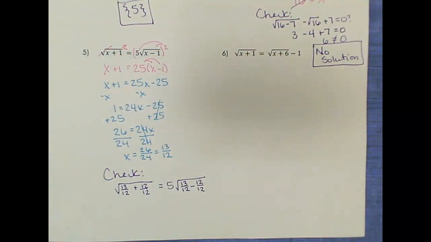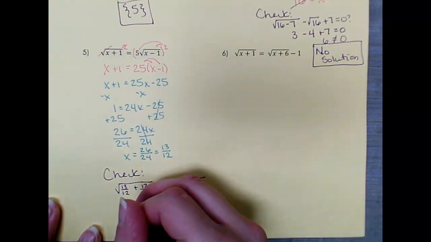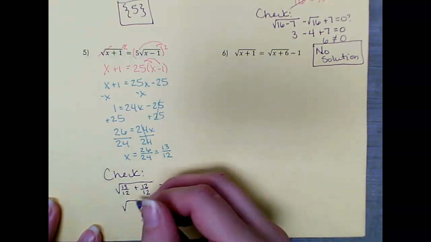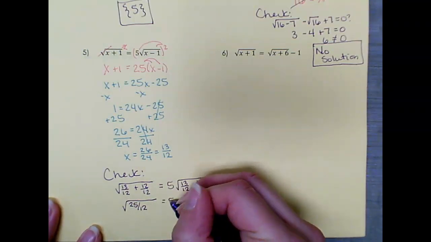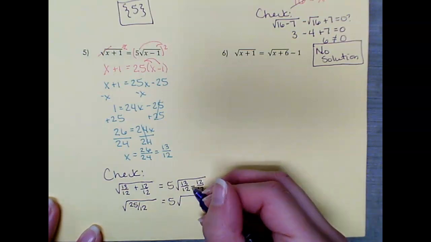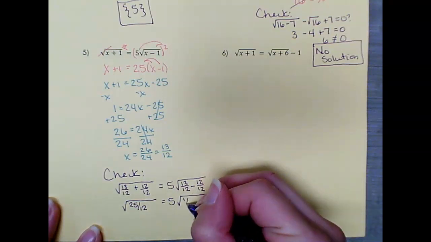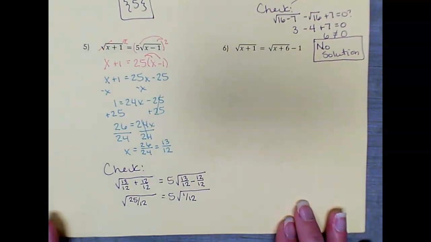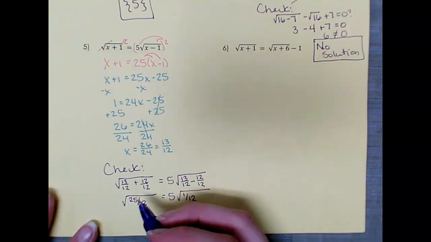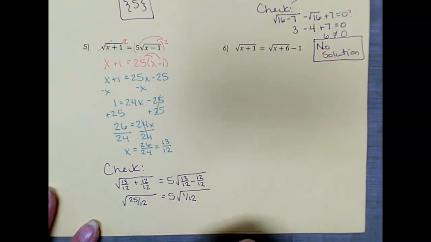So once I have those numbers in place, I want to add. So underneath the radical, 13 plus 12 is 25/12. And then again underneath the radical, 13 minus 12 is 1/12. And what I get when I do this, and we talked about this when we simplified radicals, is you square root the 25 and you square root the 12.